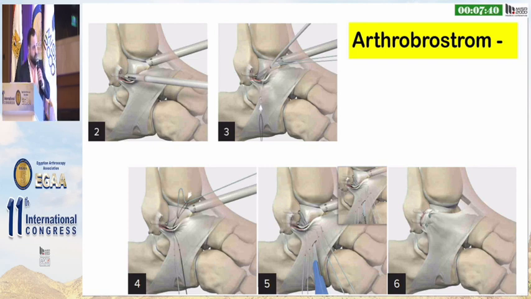And then we pass the other suture. We drill another tunnel for the other anchor 1 centimeter superior to the first one. Do the same process, and then a mini incision. With a probe, we grab these sutures subcutaneously, and then we tie them tightly with the ankle in slight eversion and plantar flexion.